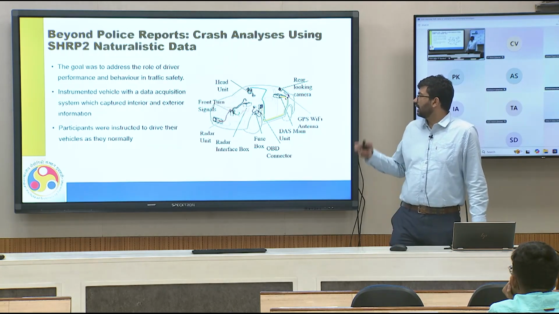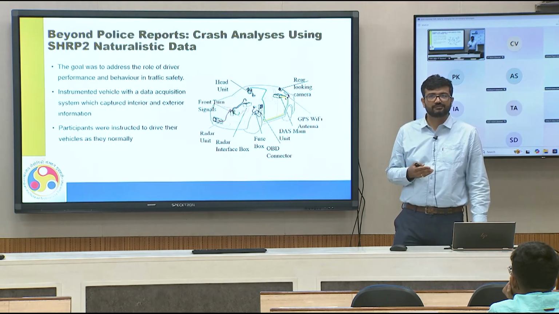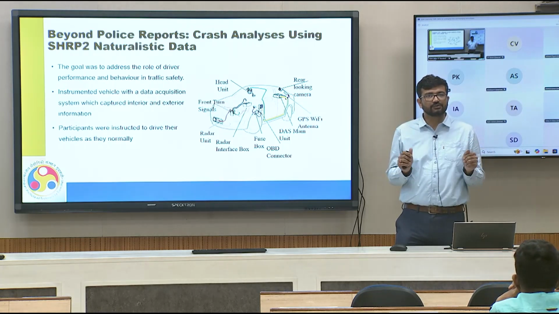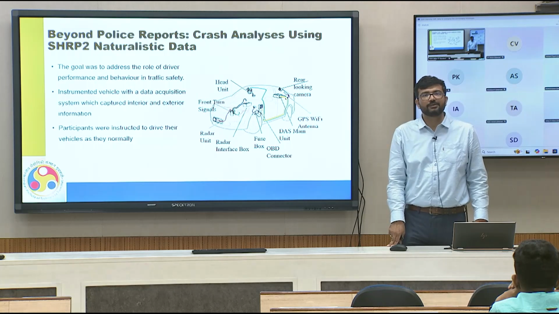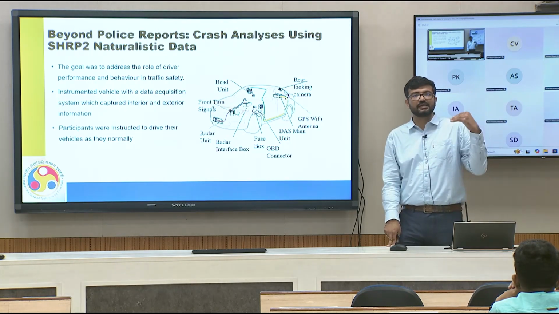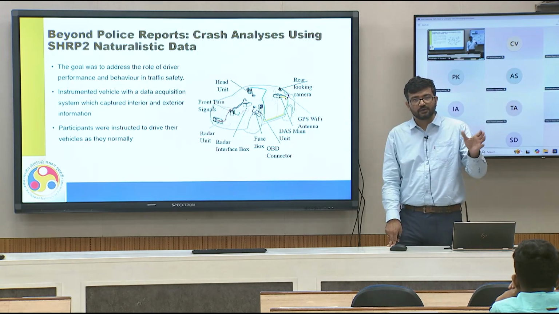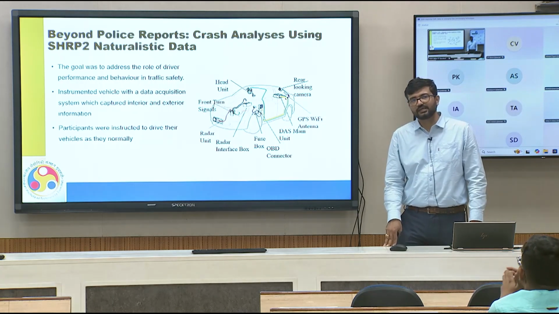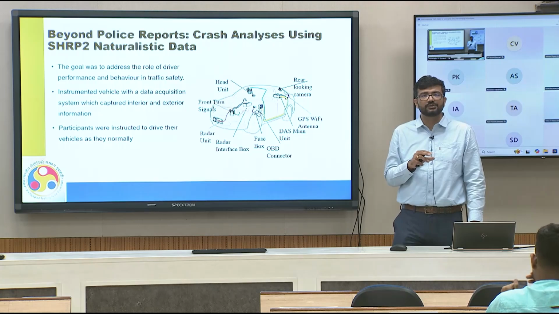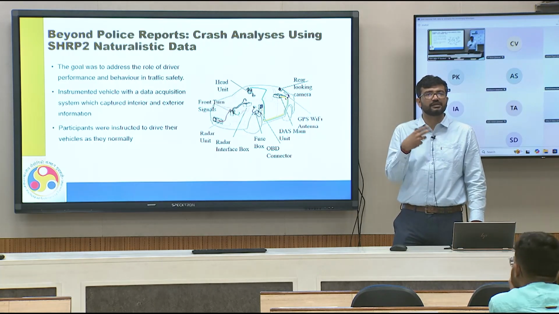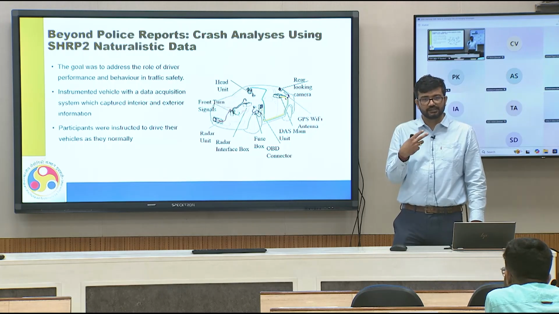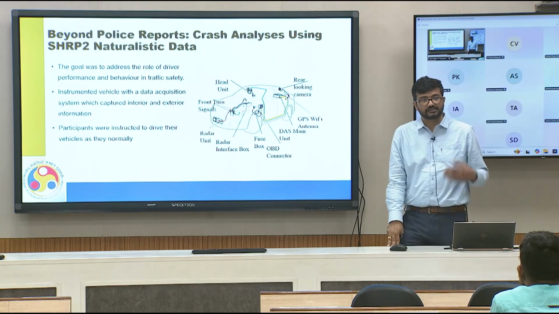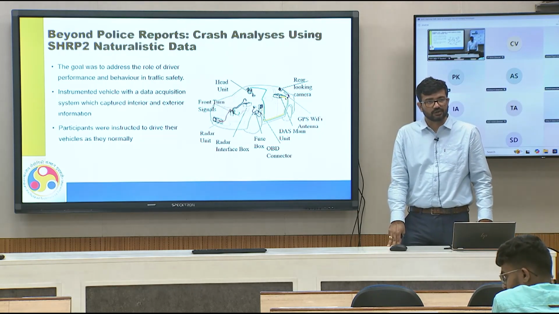That's why these experiments are conducted for a longer time, so that over the period of time you get used to the system. Maybe your reactions will be exactly how you used to react without the sensors. Then only can we get the real behavior, right? If your car is without any of these systems, your reaction can be replicated if it is run for a longer duration.